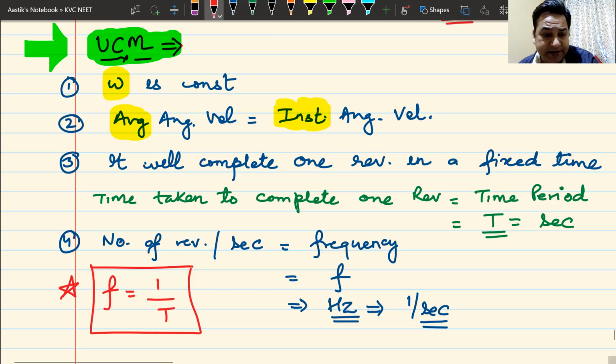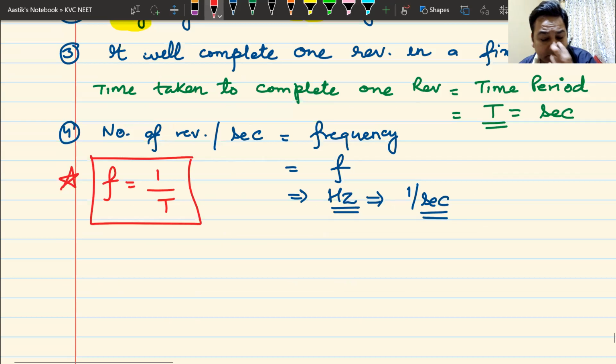Frequency is 1 by T. Now I will go ahead and give you more relations.